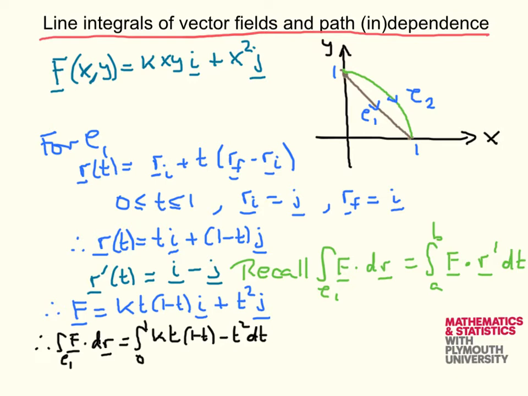And now if we just tidy this up a little bit before we calculate it, what we find that we get is the integral from 0 to 1, and now we have kappa times t, where we've said this is t times 1. The other term gives us a t squared, but there's a t squared here as well.